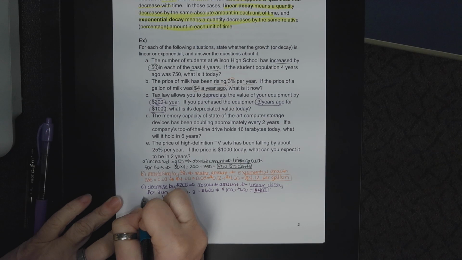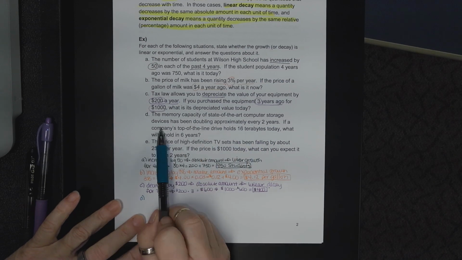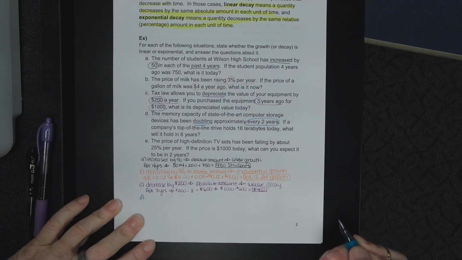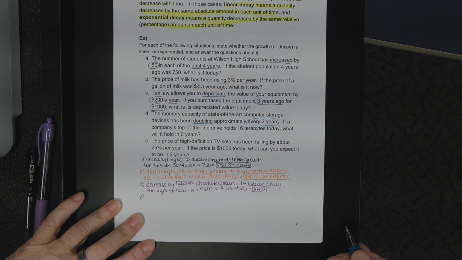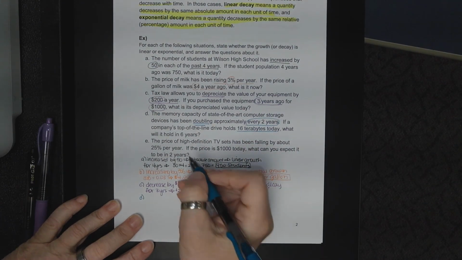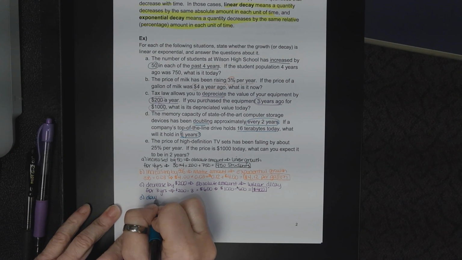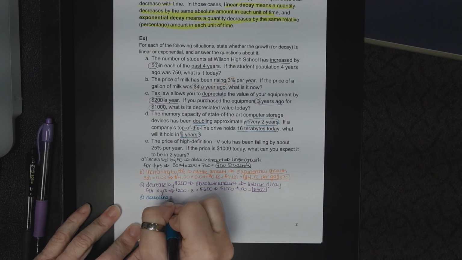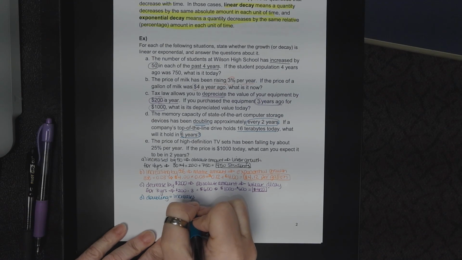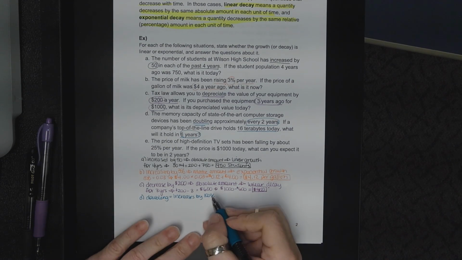Oh, D. Memory capacity of state-of-the-art computer storage devices has been doubling approximately every 2 years. If the computer's top-of-the-line drive holds 16 terabytes today, what will it hold in 6 years? So doubling. That means that it increases by 100%. That's a percentage, right?